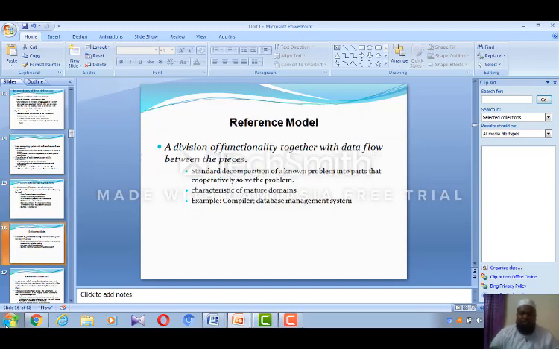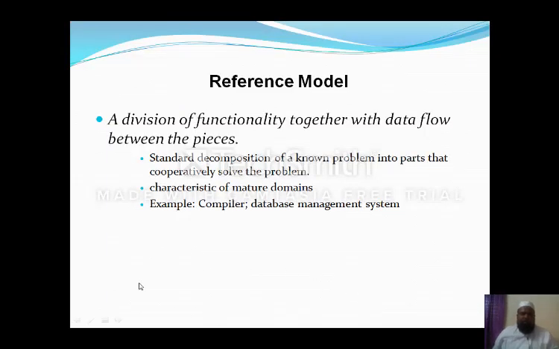Now from today's class onwards, we will be dealing with the reference model. We will see why we have to go for reference models. It can be defined as a division of functionality together with the data flow between the pieces. Here, pieces refer to the elements of the software.